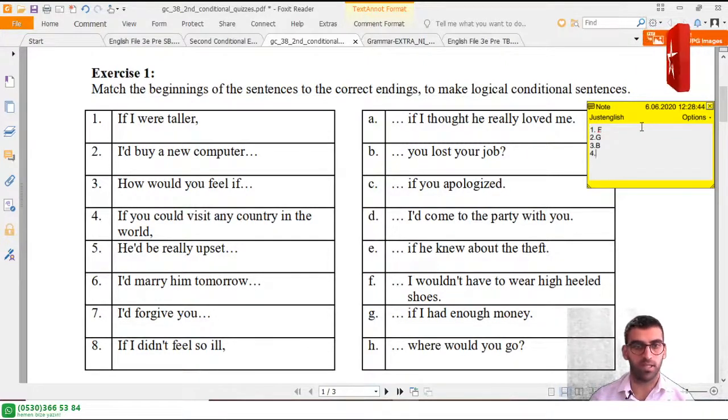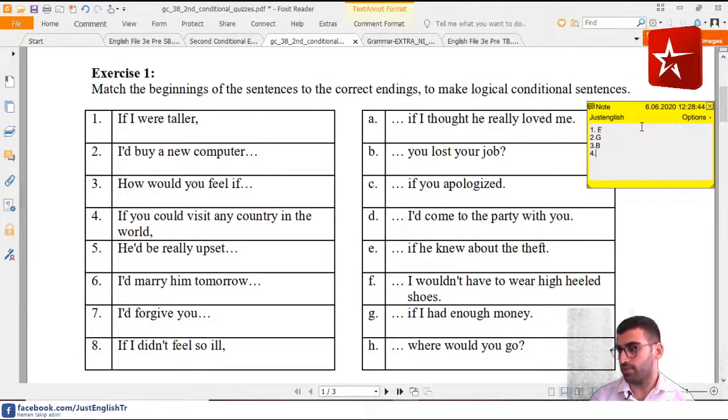If you could visit any country in the world, Azime and Ayşe, Gülsafa and Sıla, Tuko, they have already written their answers for number 4. It's H. Yes. Where would you go? The same question I want to ask you guys. If you could visit any country in the world, where would you visit?